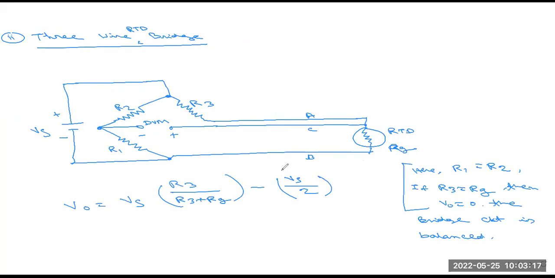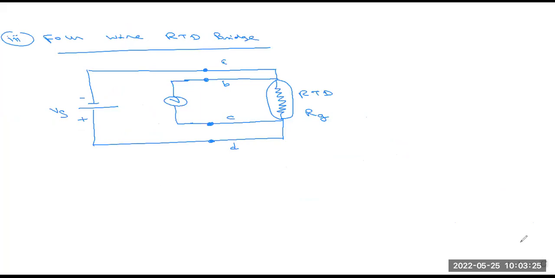Okay, so what is the basic limitation? When you have to use this RTD, I gave the advantages in the previous one. So what is the advantage? Why do you have to use this RTD over the thermistor or thermocouple? Thermistor or thermocouple is obviously used in our temperature measurement, but RTD has different advantages.